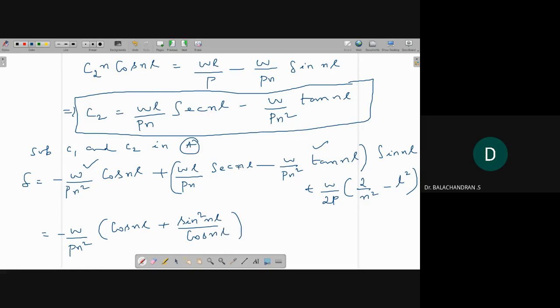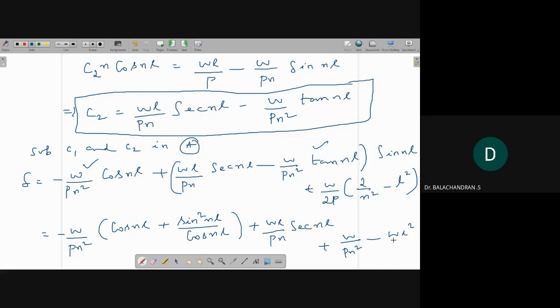And then plus this term omega L by Pn into secant Nl, multiplied by omega by 2p; plus omega by 2 gets cancelled, Pn square minus omega L square by 2p.